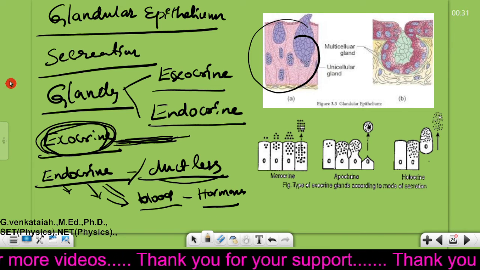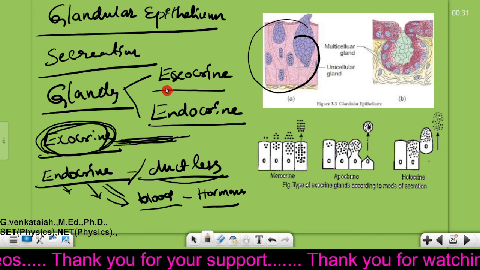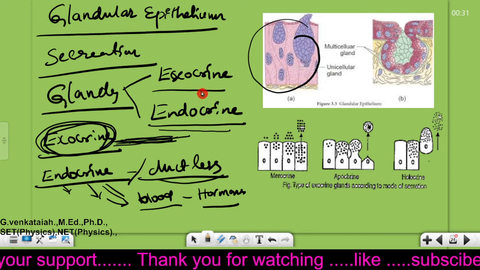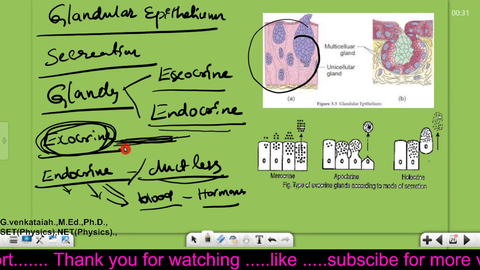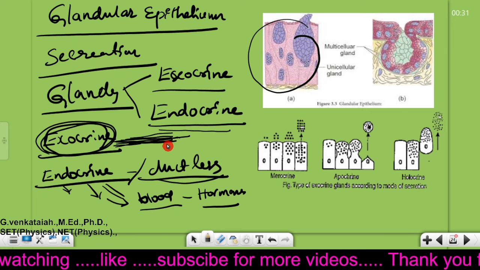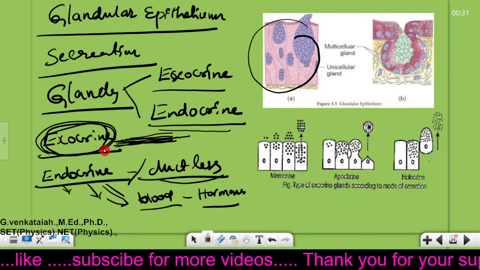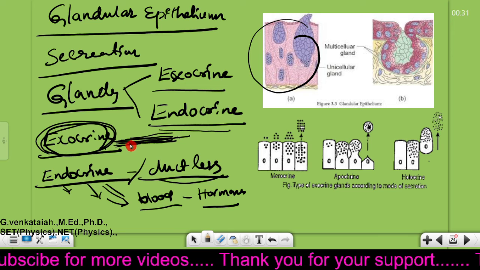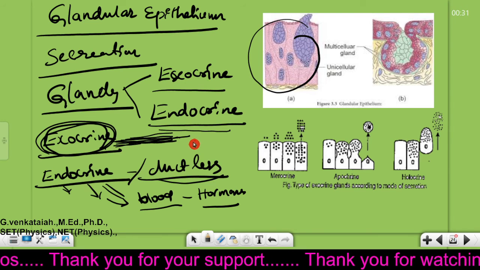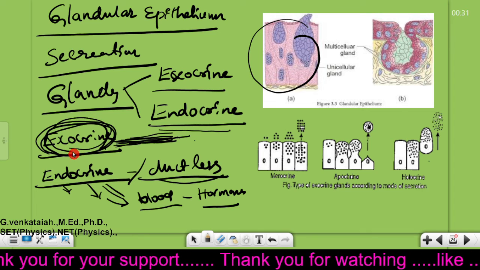Glands are mainly two types, exocrine and endocrine. Exocrine glands secrete, and the secretion is transported by a vessel or duct. Examples: mammary gland, salivary gland and digestive glands, all are exocrine glands.